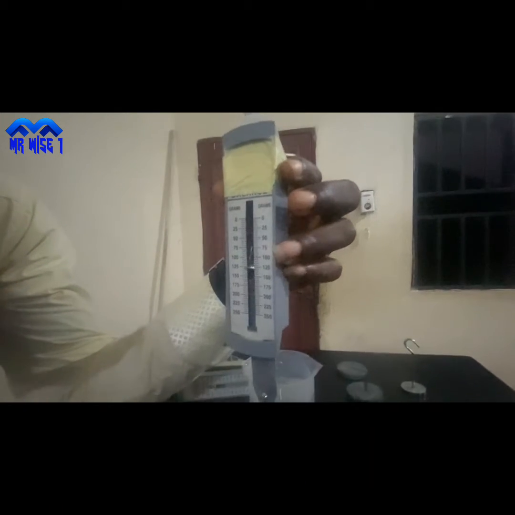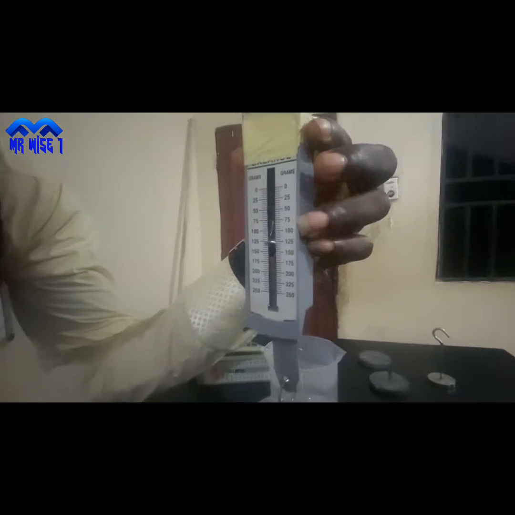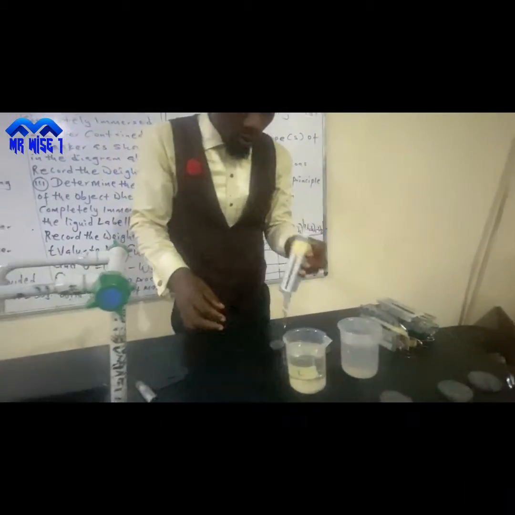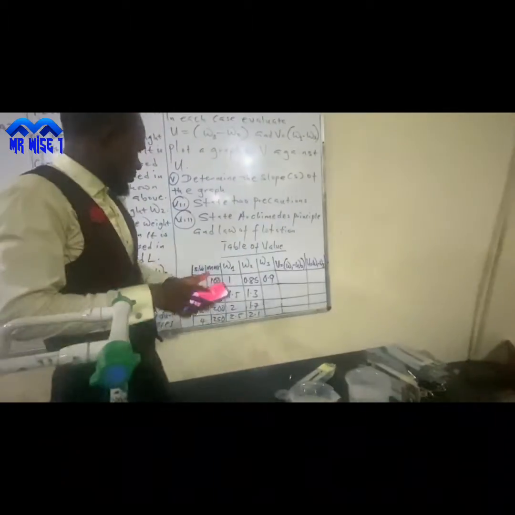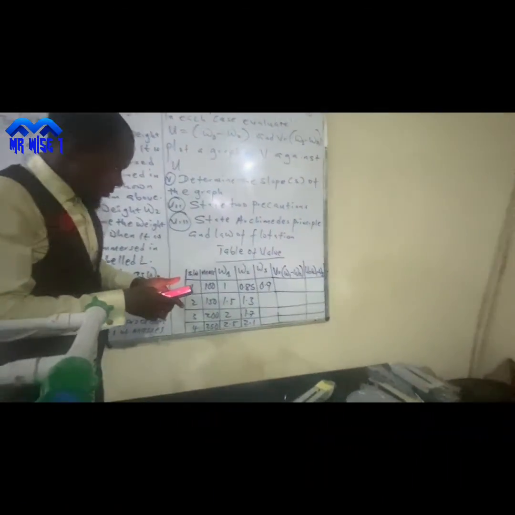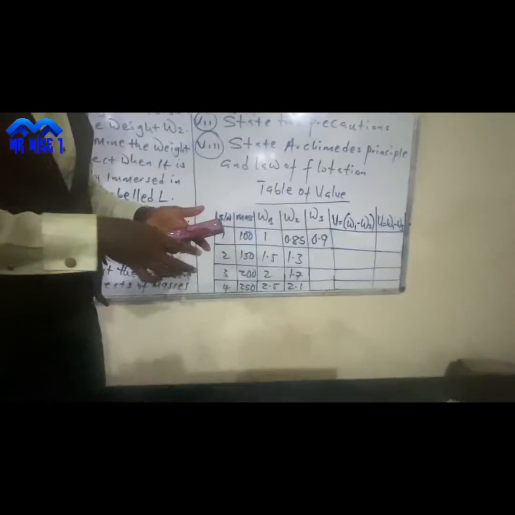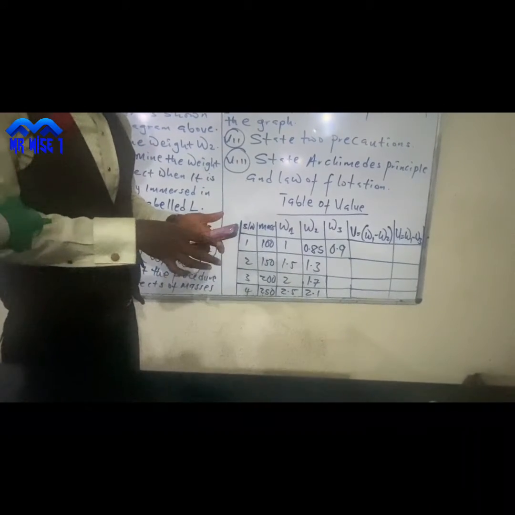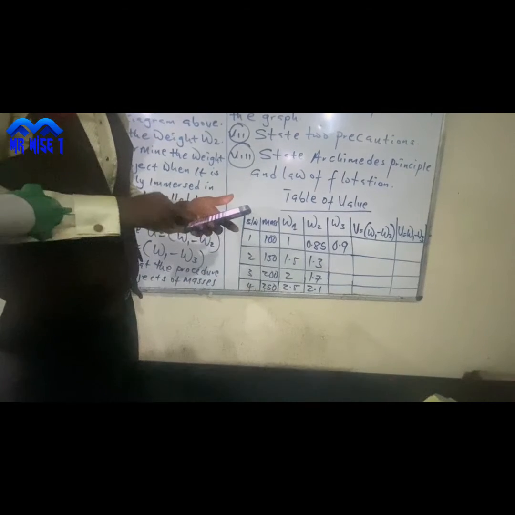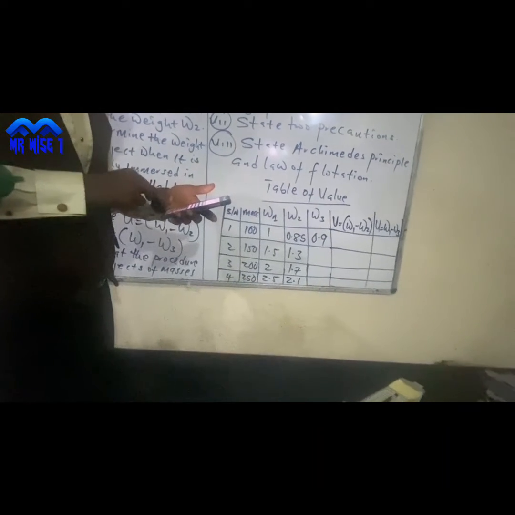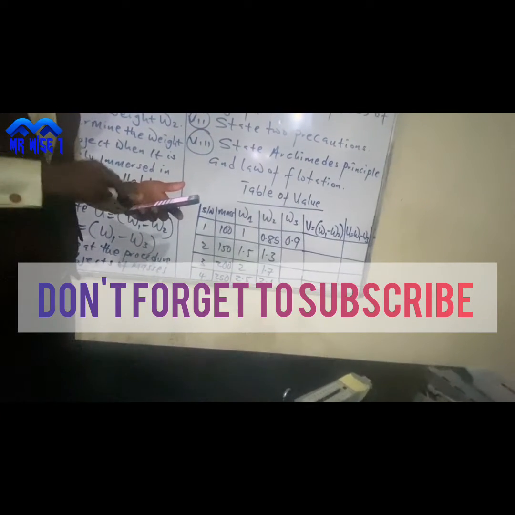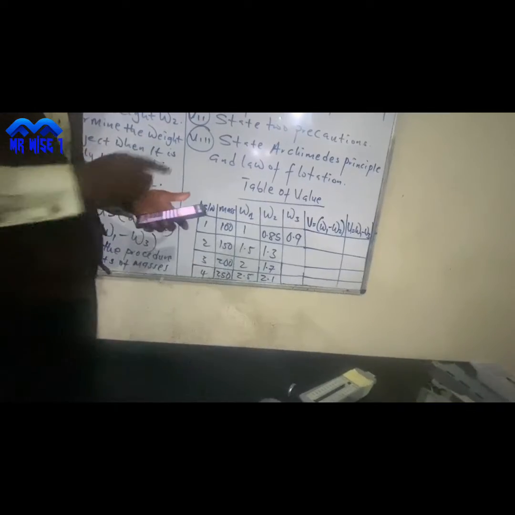Let me check it again. I have my 130. So 130 divided by 1000, I have my 0.13. 0.13 times 10, I have my 1.3. So something is missing.